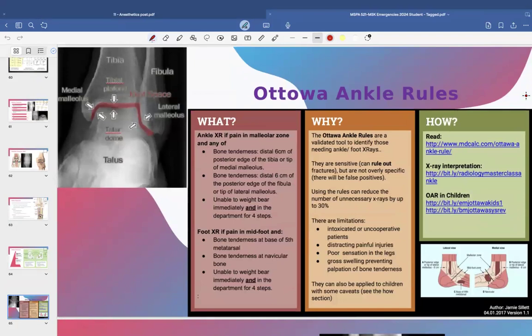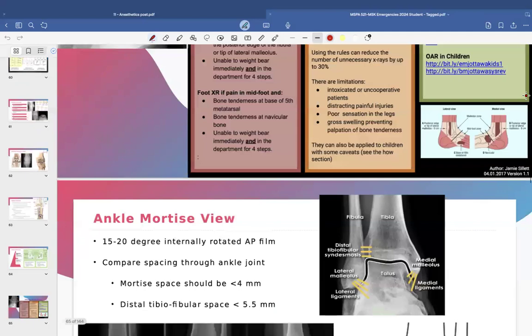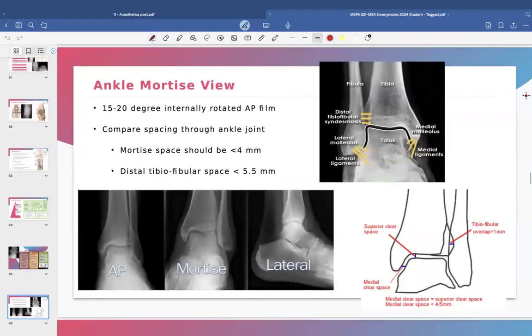This is more on those ankle rolls and why you get them. There's another view called a mortise view, where you're able to see that AP view because they rotate the ankle. This gives you the spacing through the ankle joint.